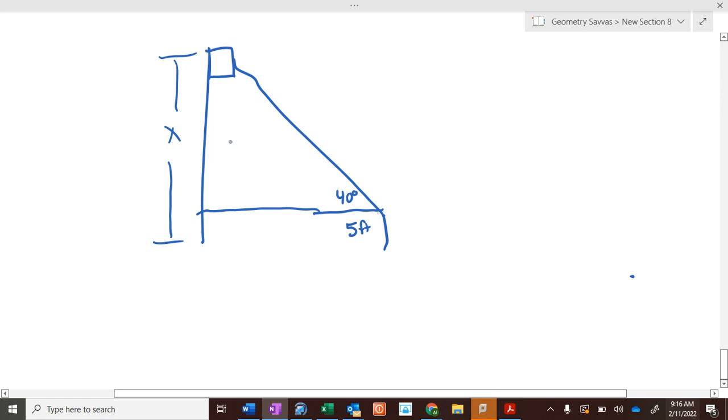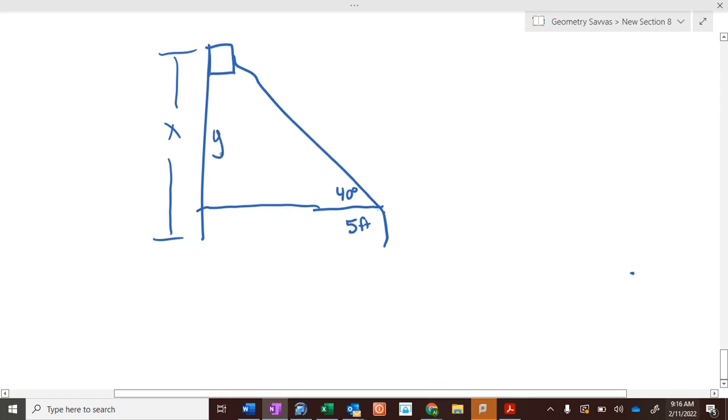Well, we got to figure out what y is right here. So if this is 40 degrees and this is Y, and they are 30 feet away from the flag, how do I figure out what Y is? Opposite and adjacent, so it's tangent. So the tangent of 40 is the opposite side over the adjacent side.